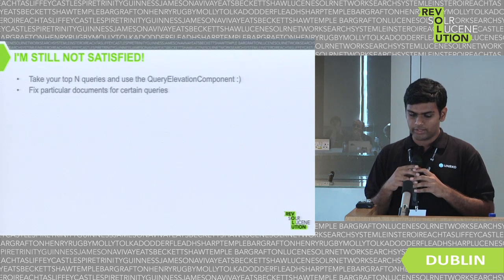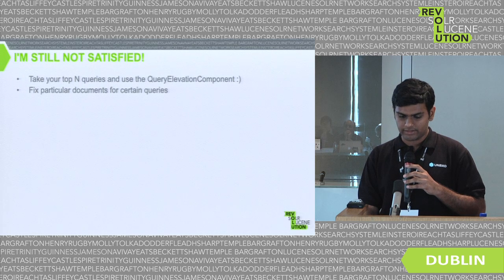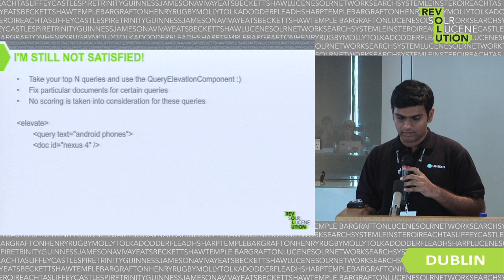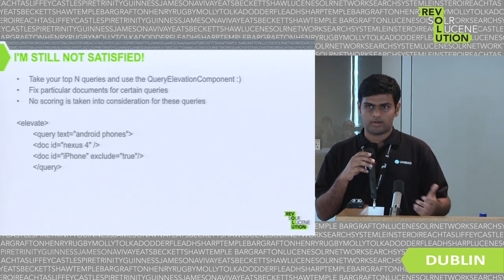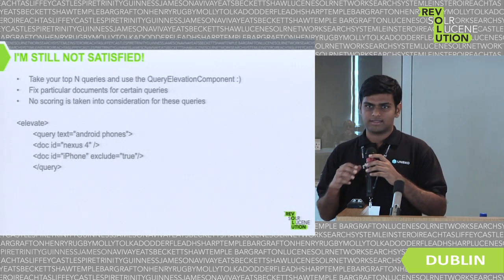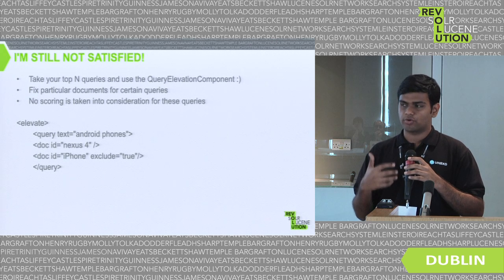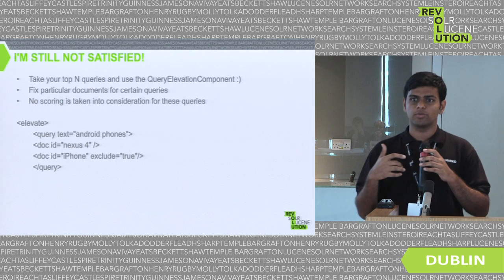For this, no scoring is taken into consideration for these documents, for these queries. So this is how you would configure your elevate.xml file, or the file where you would say the configuration for particular queries, what sort of products you want to come right on top, or you want to exclude them.